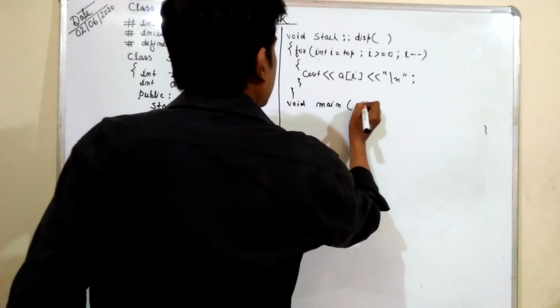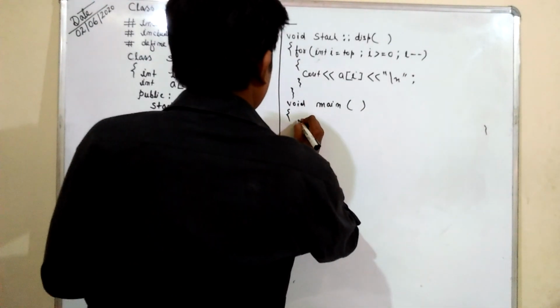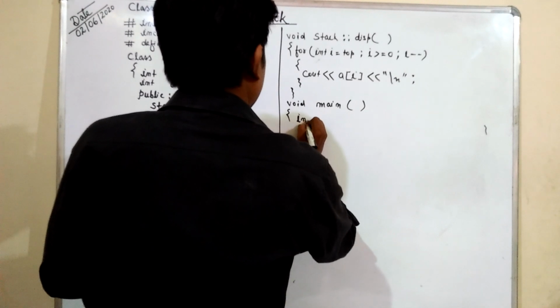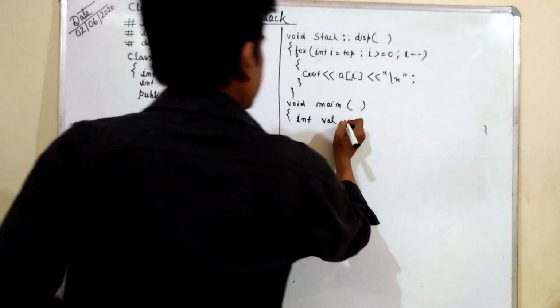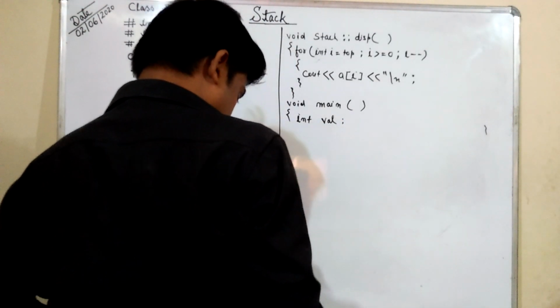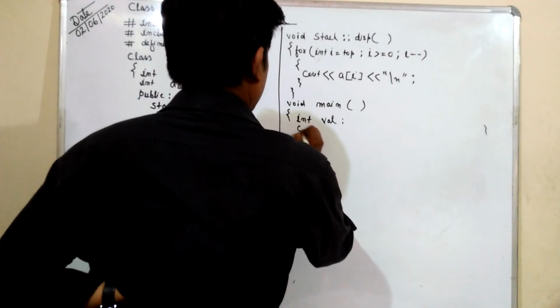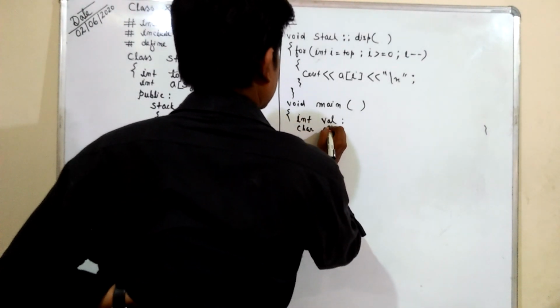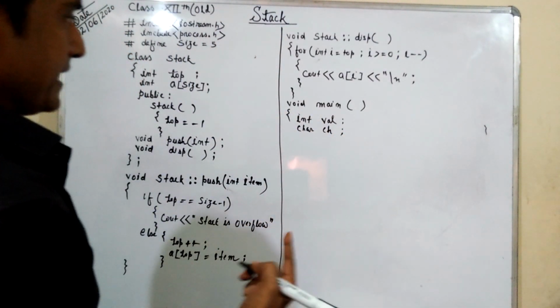and here just one thing, we have to take another variable like int val. This variable is used for passing, and another variable we have to use is for the char choice, ch. It is used for terminating the loop.